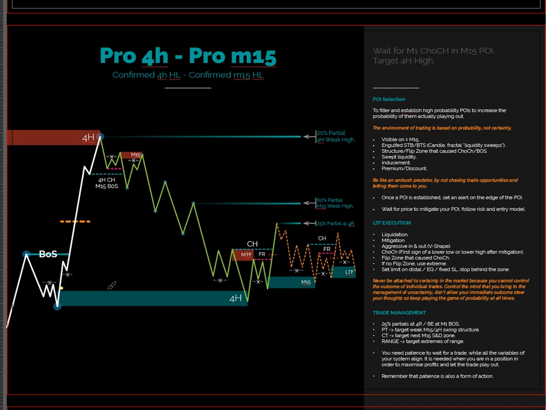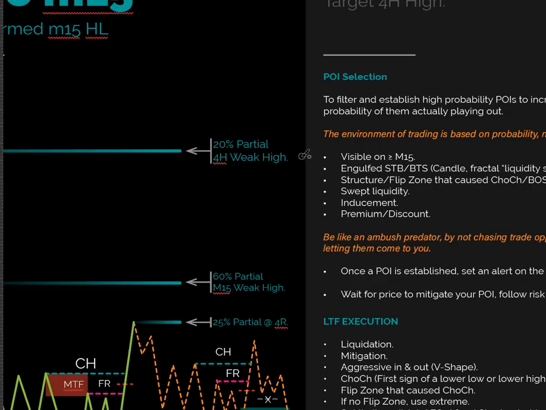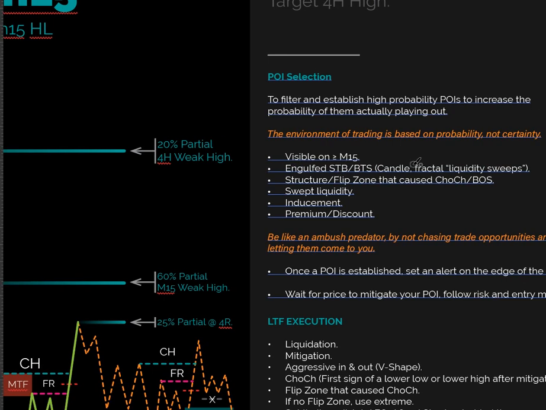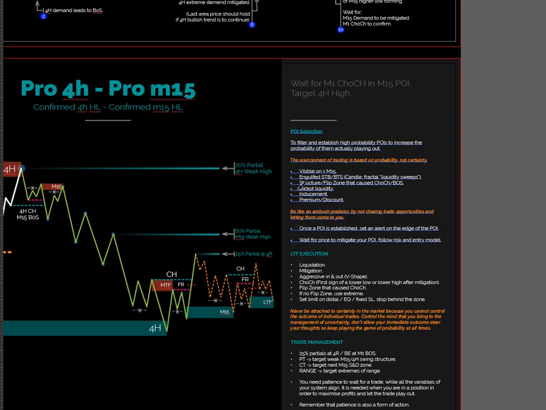How do we choose the zones that are high probability? As you saw earlier in the video, I don't just take any zone that I see. I take the zones that have the highest probability, and those probabilities stem from a zone being visible on the M15 or higher. It has to be an engulfed sell to buy to sell candle, or fractal. I'm not going to get into all of this right now.